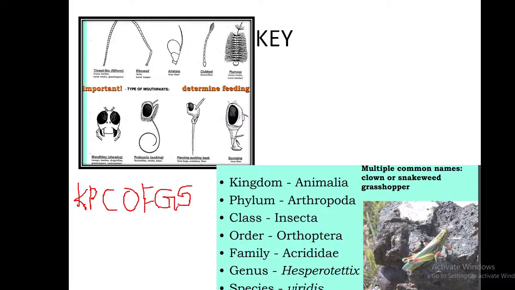This is a small grasshopper, and it comes under kingdom Animalia, phylum Arthropoda, class Insecta, order Orthoptera, family Acrididae, genus Hesperotettix, and the species is viridis. This is what we learned in the last class.